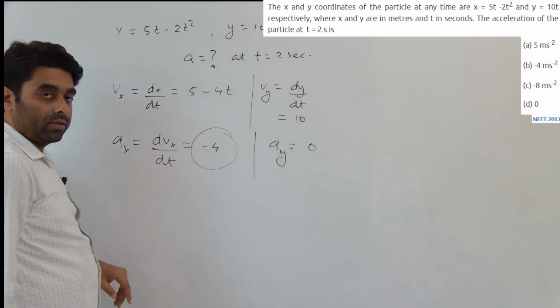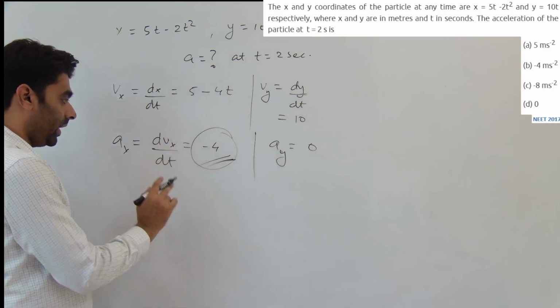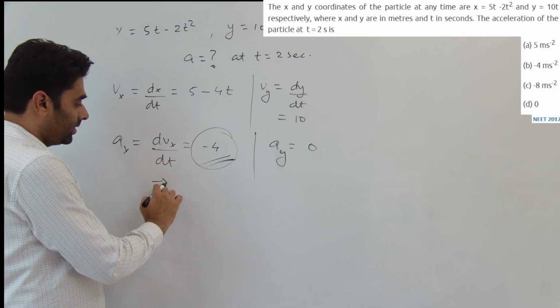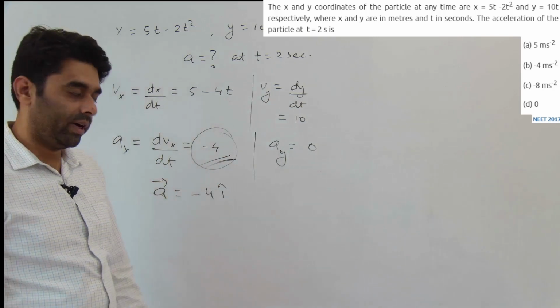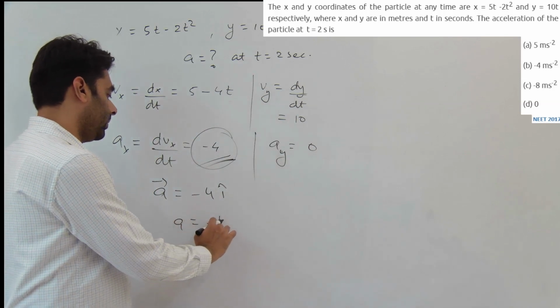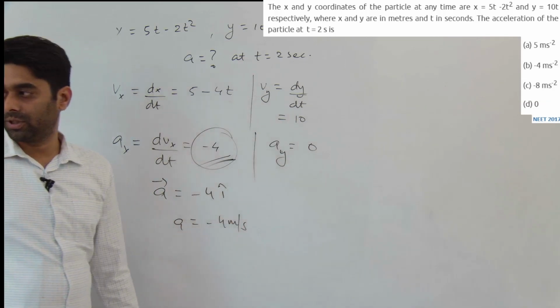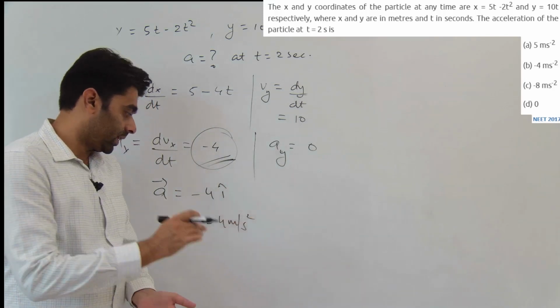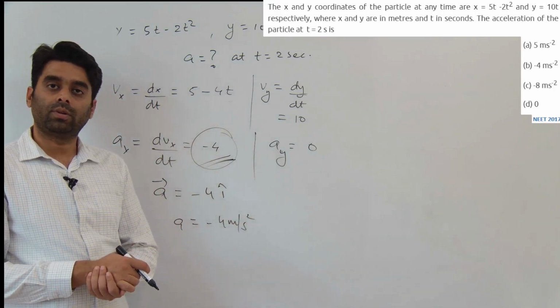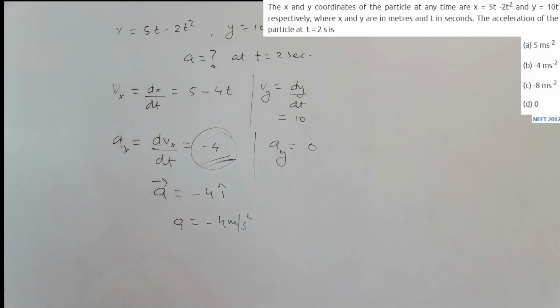So over here the simple thing that we get is acceleration in x is only there, and so net acceleration will be your minus 4 i cap. Vector wise if we have to write, otherwise magnitude is only minus 4 meter per second square. According to the option, it will be your B option, right? Minus 4 meter per second square. Fine, B option is our correct answer. Fine, let's look at next question.